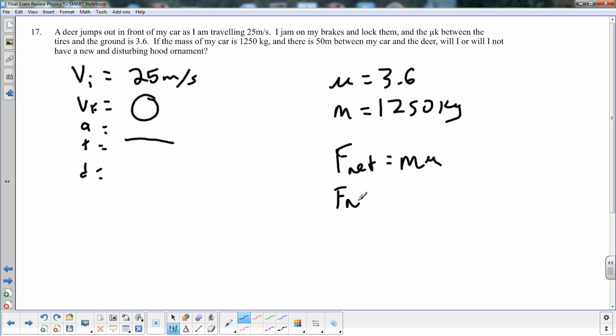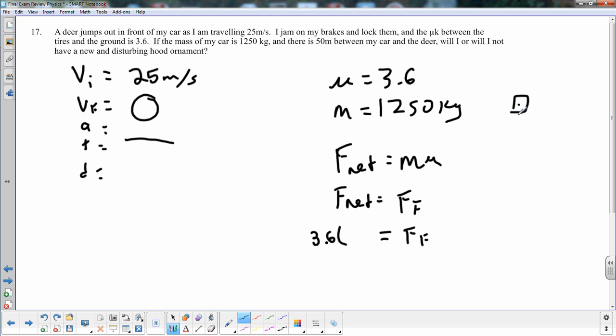FF equals mu, which is 3.6, times the normal force. My mass, so here's my car. Fg is 1250 times 10, 12,500. My normal force is also 12,500 newtons.